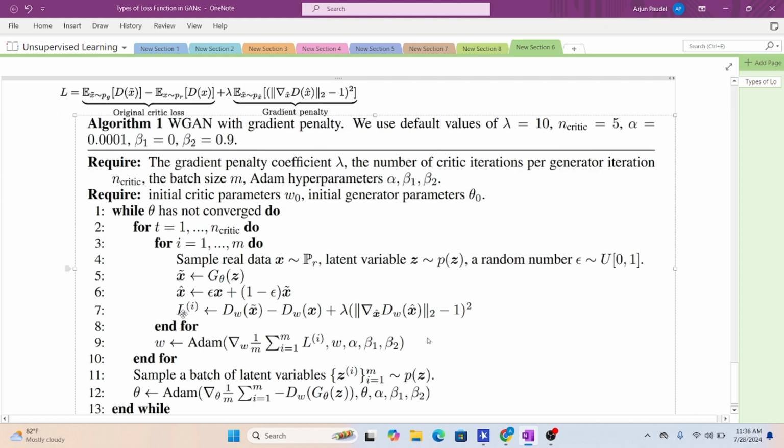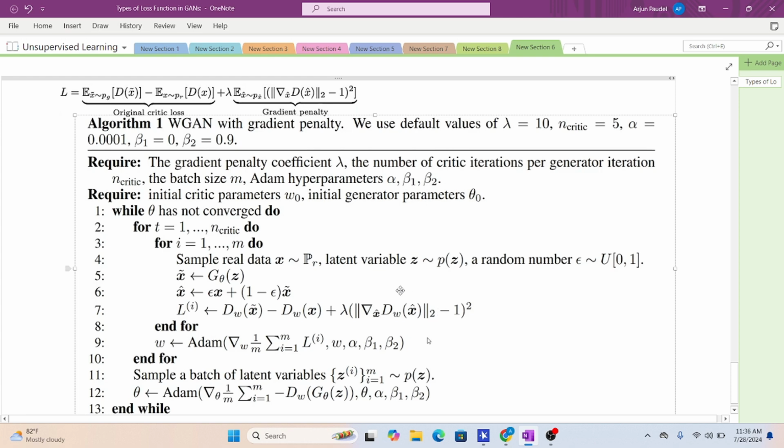What we're doing here is defining the loss: D(x tilde) minus D(x) plus lambda times this term, which is the gradient penalty term. This is the norm 2 of the gradients of the discriminator.